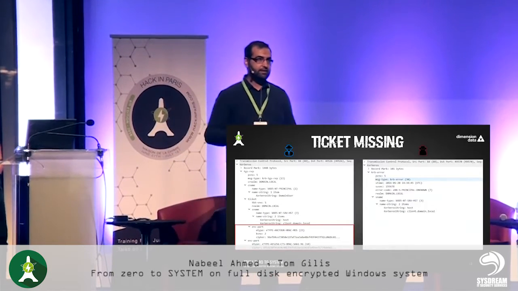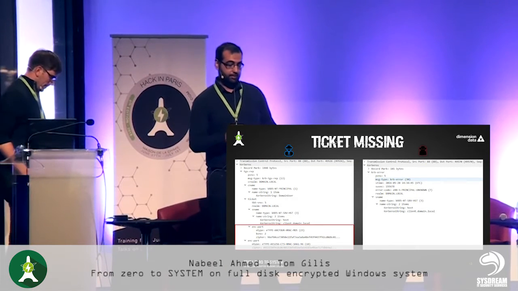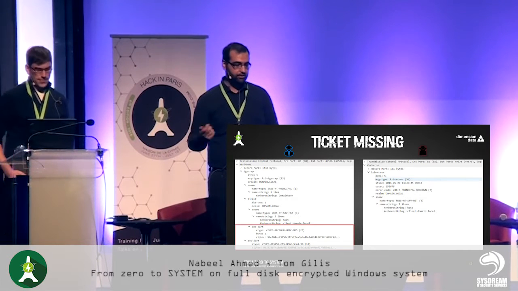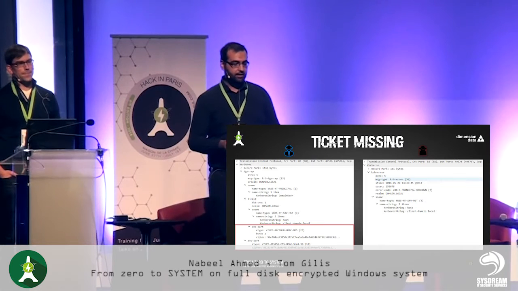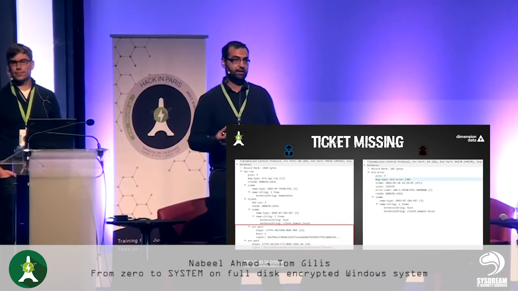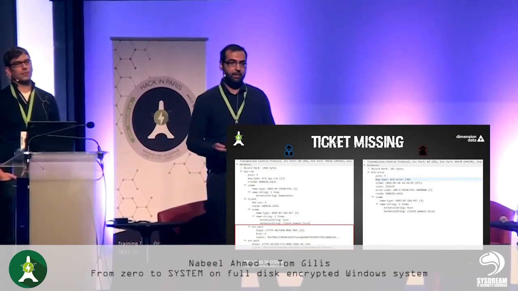If you look into the details of the packet sent by the domain controller, we can see that the real domain controller sends back a ticket, an encrypted part, which is actually a Kerberos ticket, and the fake domain controller doesn't reply back with anything.